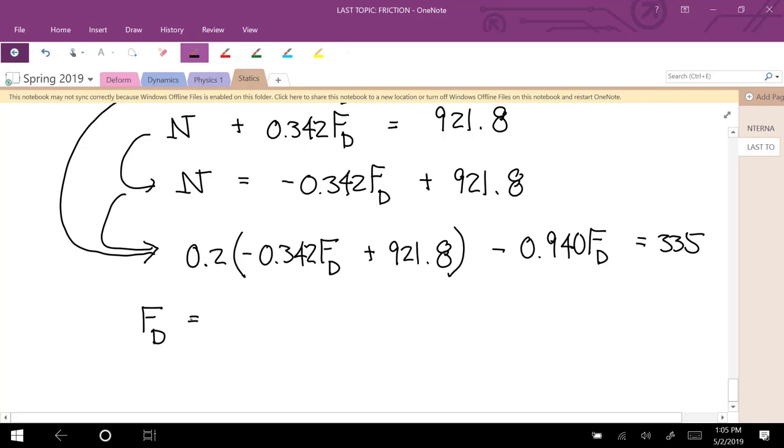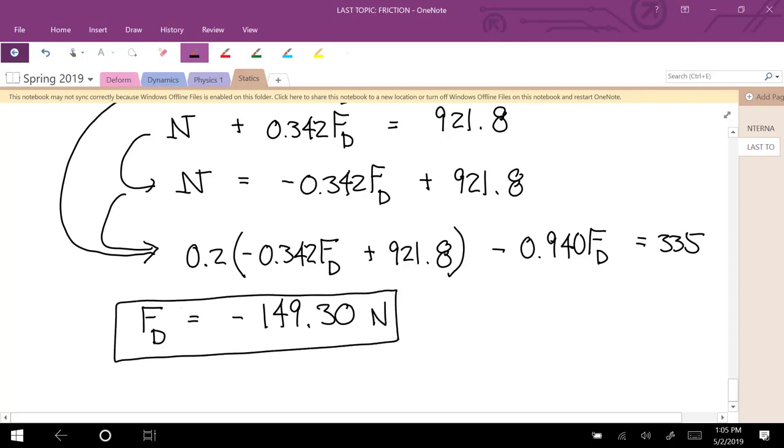I hope not, but if it is negative, well, it might be negative. If it is negative, that means I didn't make my friction coefficient high enough for this to stay up on its own. Damn it. Negative 149.30. Okay, well, I am not doing this over again. So what does the negative mean?